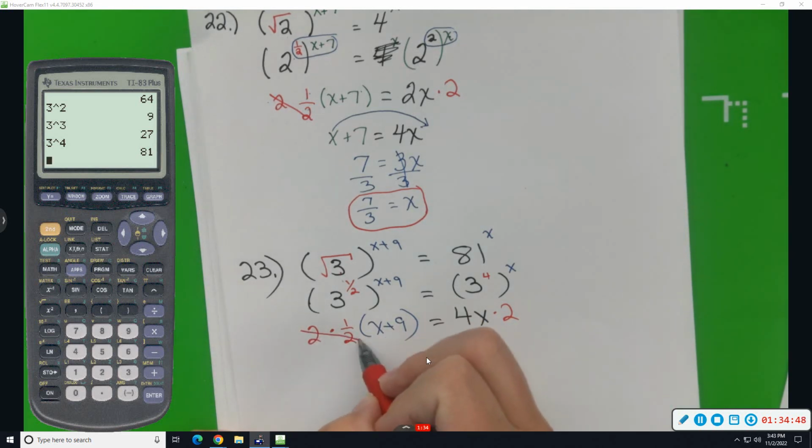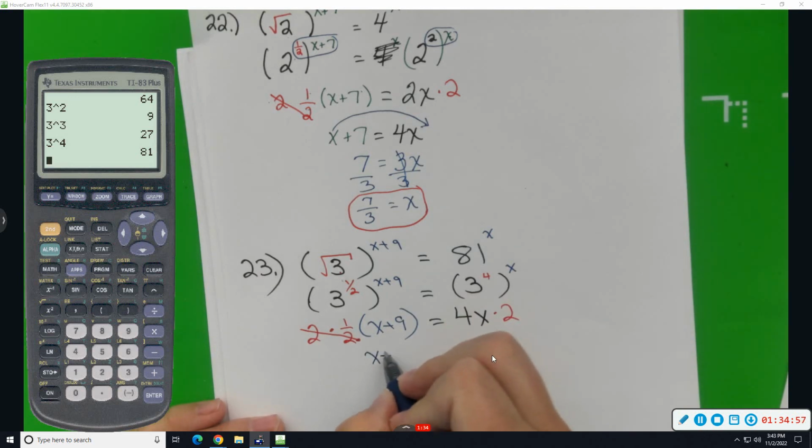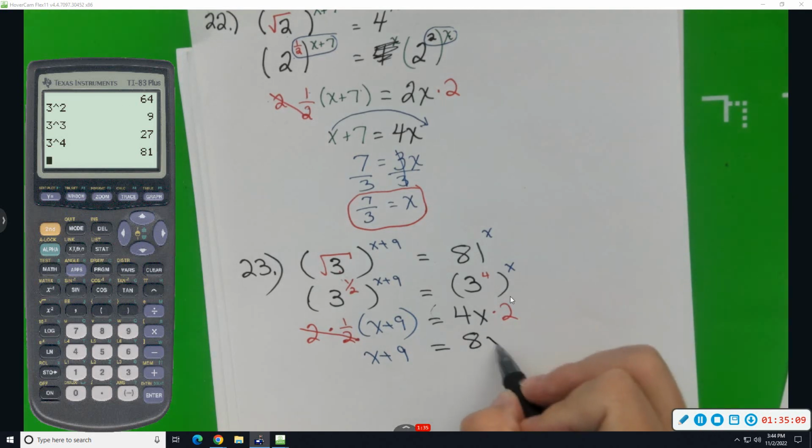The 2's cancel. All you have left to distribute is 1 over the x plus 9. 1 times anything just stays as anything. So we have x plus 9 is equal to, here on the right side, 4x times 2, 8x. I'd move that x over to the right.